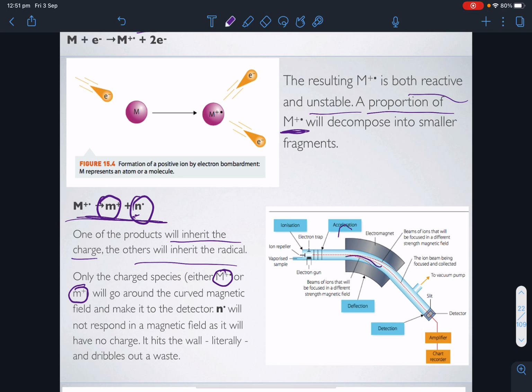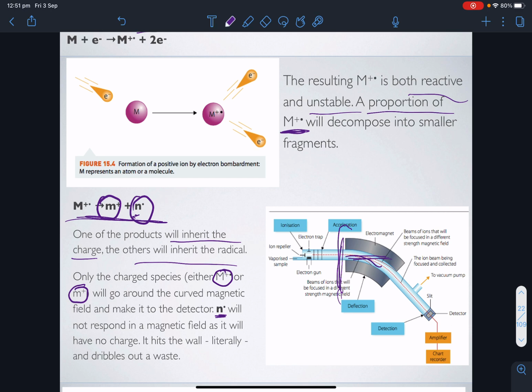Okay, so after this, we're going to shoot it towards a magnet. The magnet will only interact with a charged thing. So what will happen is the radical that is uncharged will not respond to the magnetic field, and it has no charge, and it literally hits the wall.